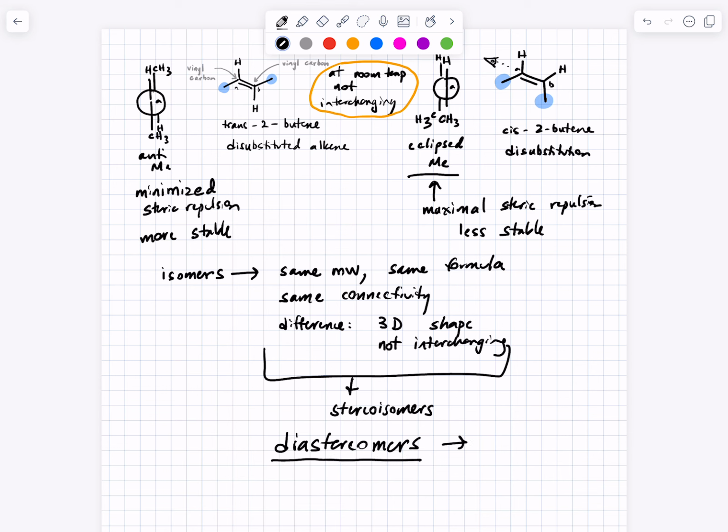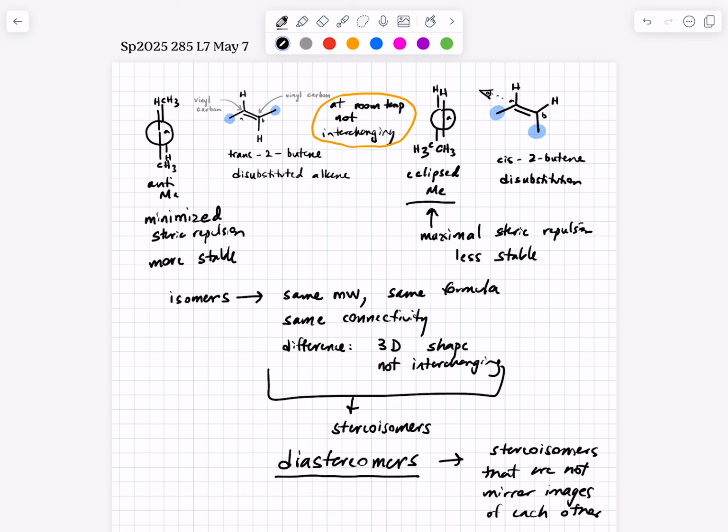That is, they are stereoisomers that are not mirror images of each other. Now, why are we talking about mirror images of each other? Stay tuned till Friday. I'll explain. But right now, cis and trans alkene stereoisomers, the correct word for that is diastereomer. Okay? Questions about that?